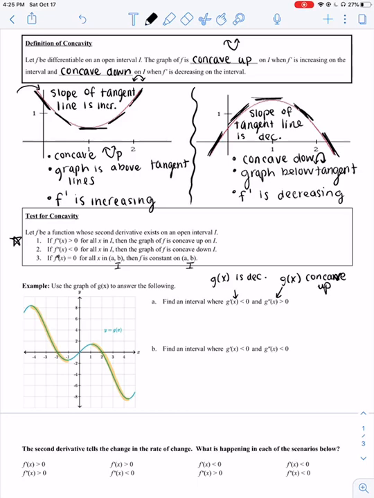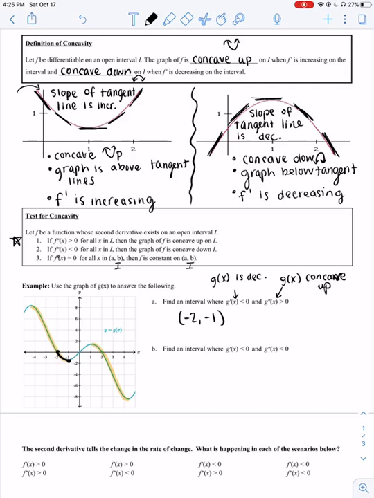There's a few different places you could choose, but right here would be a nice, easy one. So from -2 to -1. This is just one place where I'm noticing that the function is decreasing and it's concave up.